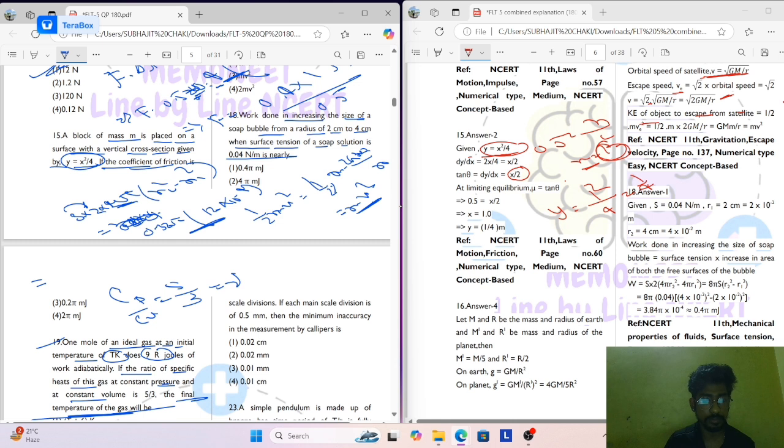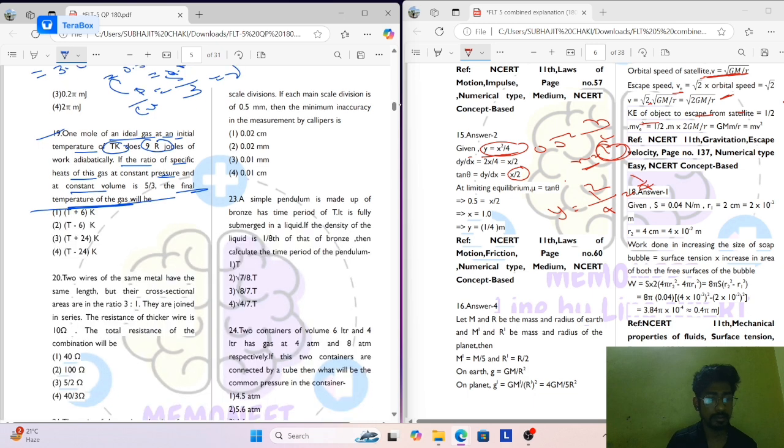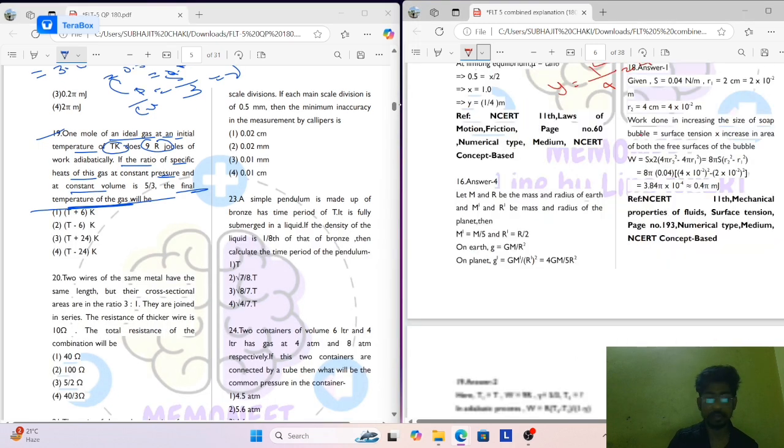This is 3.84 pi into 10 to the power minus 4, or 0.384 into 10 to the power minus 3, which is around 0.4 pi. Okay, approximate value. Option number 1 will be the correct one. This question I already discussed.